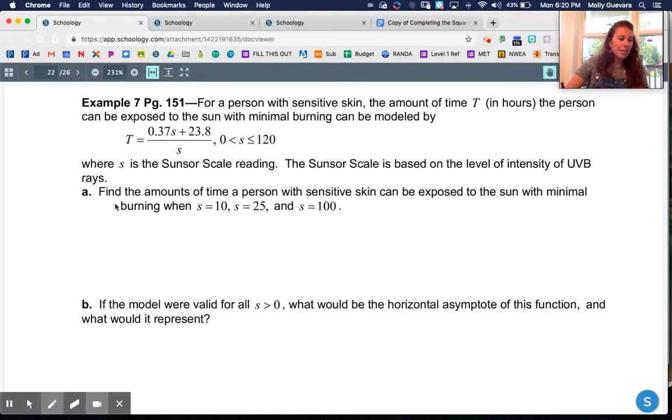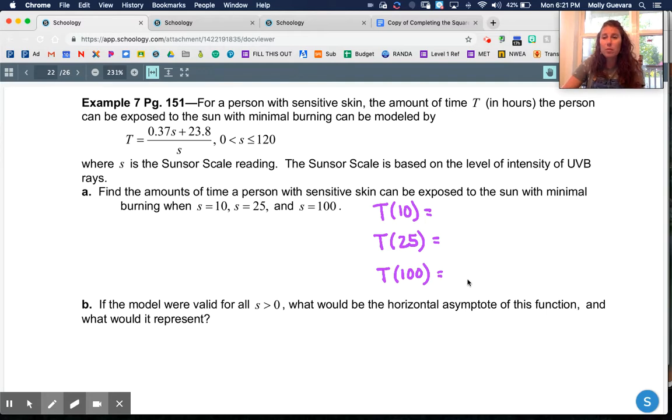So it says, find the amount of time a person with sensitive skin can be exposed to the sun with minimal burning when the sensor scale is at 10. So I want to find T of 10, right? I want to find T of 25. And then I want to find what if the sensor scale is at 100.